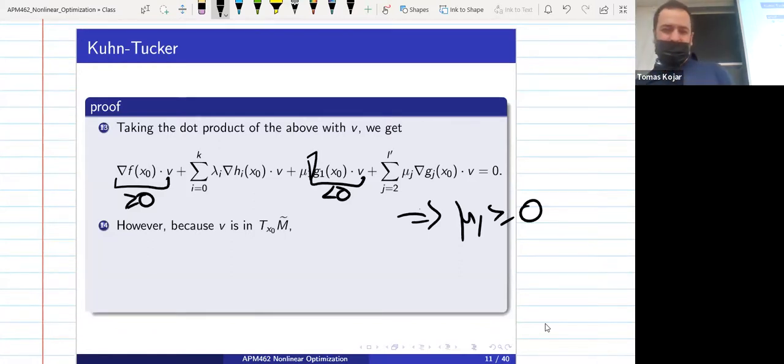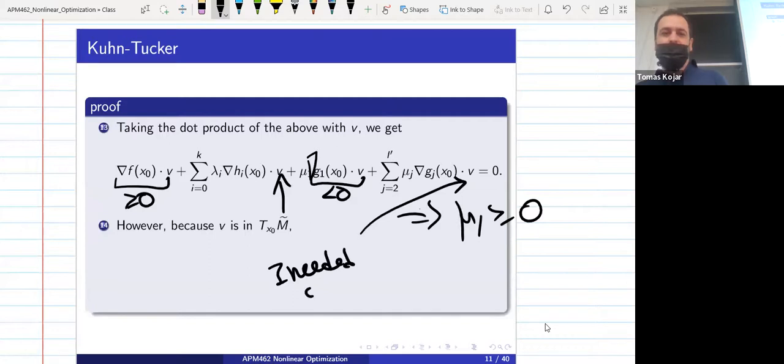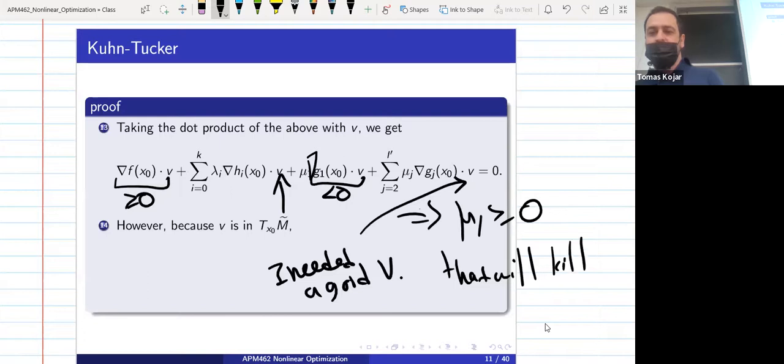But to do this, I needed a good V. So that was the whole point of the proof: find a good V that will kill them, but leave gradient of G1 to be non-zero.